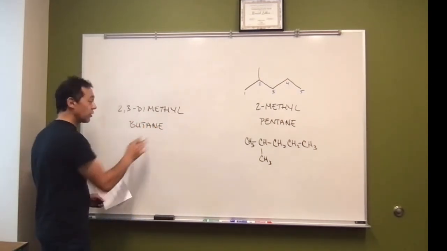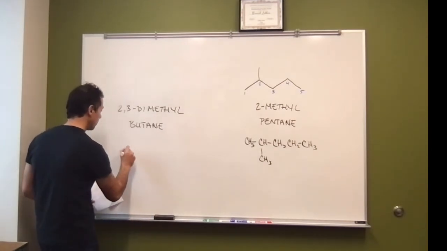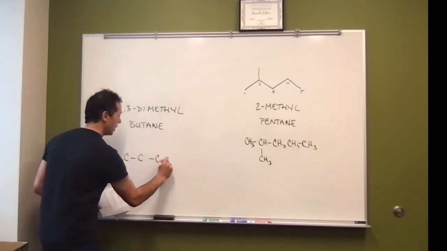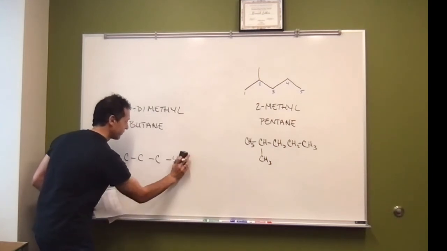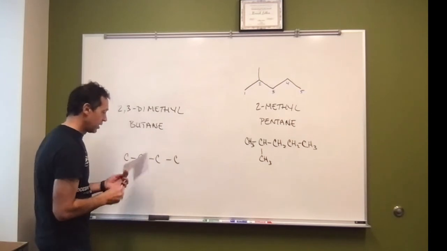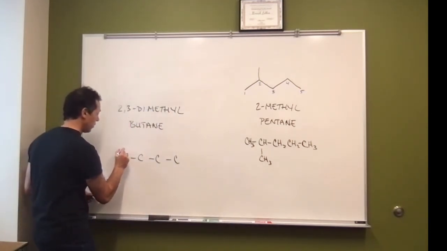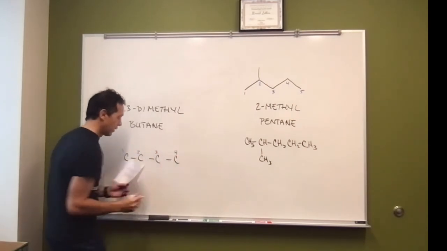So butane is going to be 4 carbon atoms. So let's do 1, 2, 3, 4. And I'm going to number these here. I'm going to go 1, 2, 3, 4.